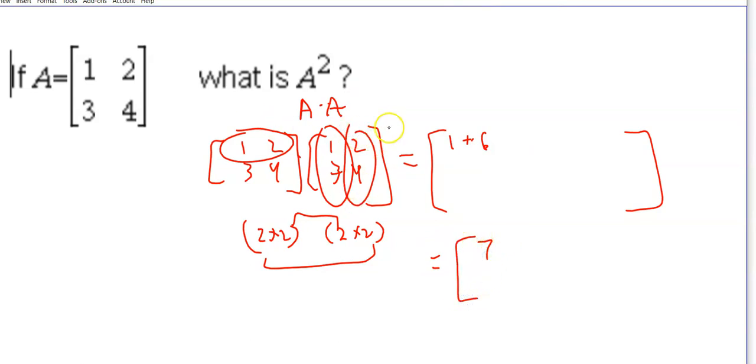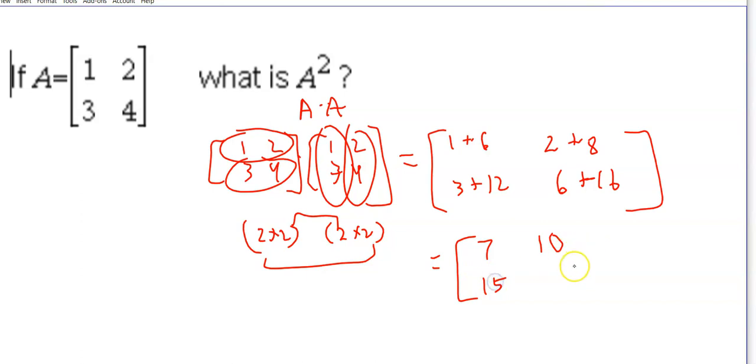Right column, that'd be 2 plus 8. This isn't too bad. I think I've got this right so far. 3 plus 12. And then 6 plus 16. So this would be 15, and this would be 22, I believe.